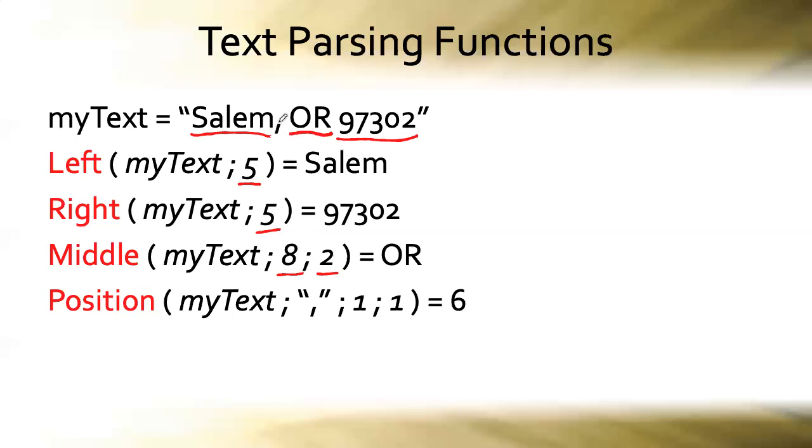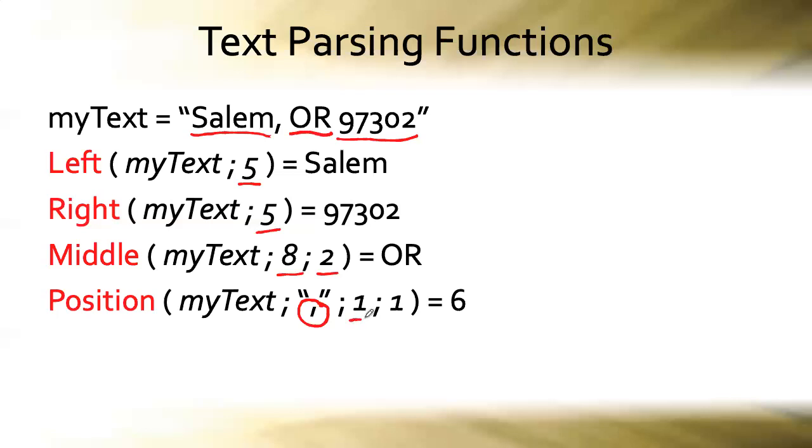But if there's a reliable comma or some other character as the landmark at the end of each city part of the hometown, you can use that using the position function to say, search through my text, find a comma. This is, by the way, a comma surrounded in quotation marks, because it's a literal in the formula. You have to enclose it in quotes.